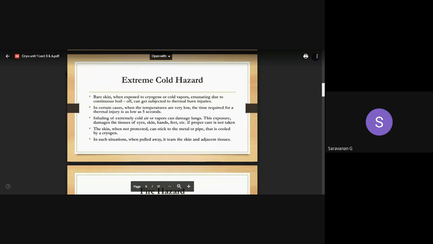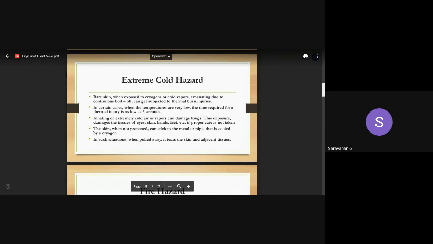Similarly, whenever we inhale cold air or very low temperature vapor from cryogenic fluids, it can directly damage the lungs. Not only the lungs, it can damage the eyes, skin, hands, feet, whatever component is directly exposed to these fluids.